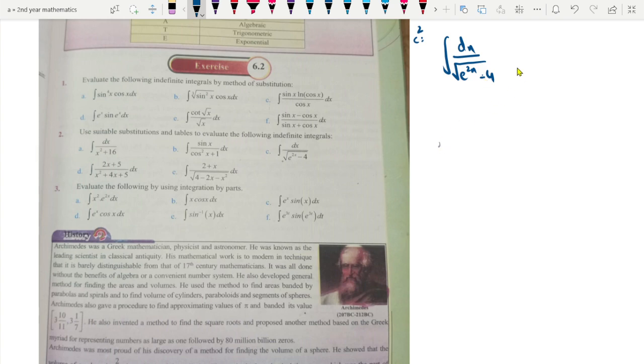So let this be equal to, we can write it as integral of dx under root e power 2x minus 4.